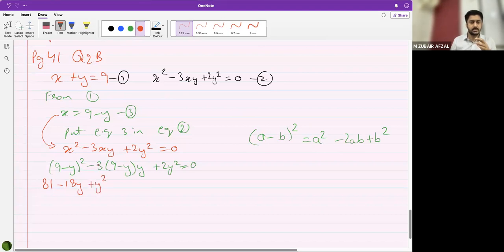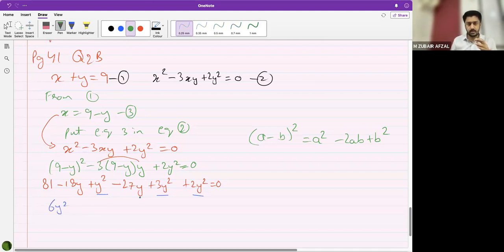Then we multiply this 3. This is actually 3y. So 9 times 3 is 27y plus 3y square plus 2y square equals to 0. Simplifying and rearranging. So y square, 3y square and 2y square, 3, 4, 5, 6. 6y square.